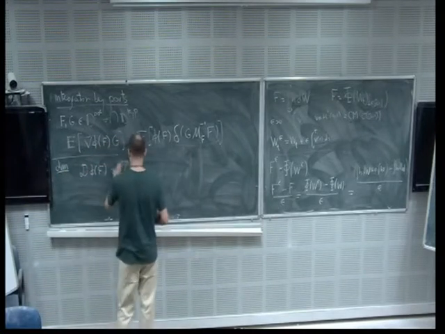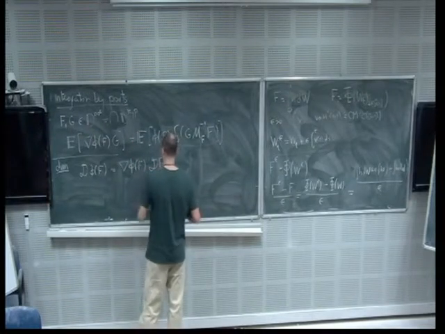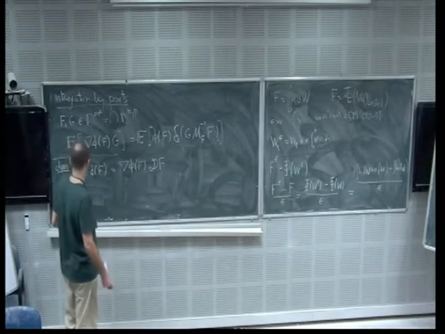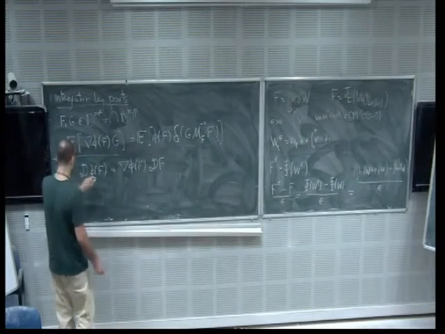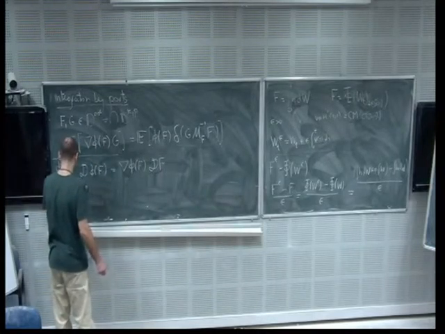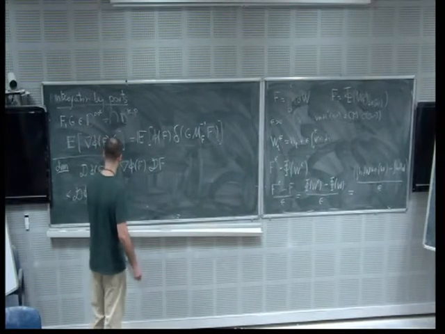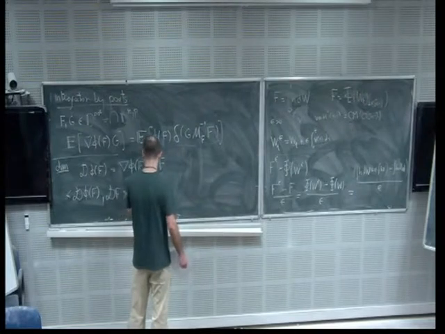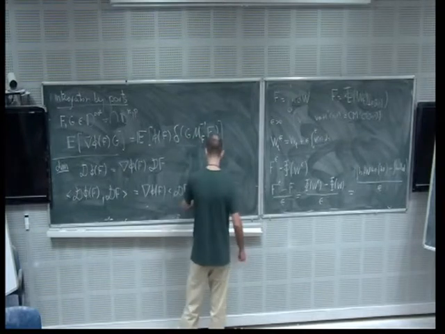This is the gradient of phi at F times the Malliavin derivative of F. Okay, so if we multiply this by the Malliavin derivative of F, this is equal to the gradient of phi of F times the Malliavin derivative DF.